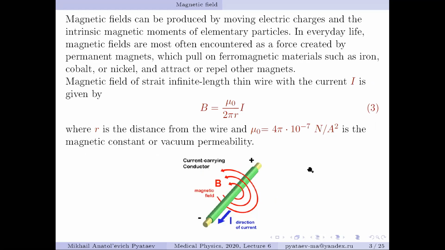Well, and as I told before, the magnetic field in the 19th century was introduced as a field describing interaction of currents. So initially, the laws of interaction were established without any field. So there were laws of interaction between one wire with current and another wire with current.